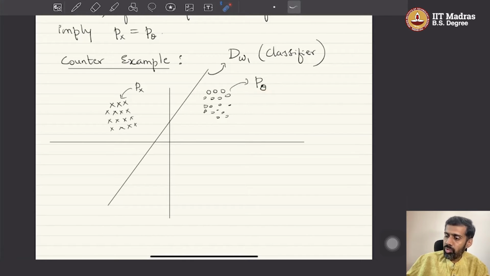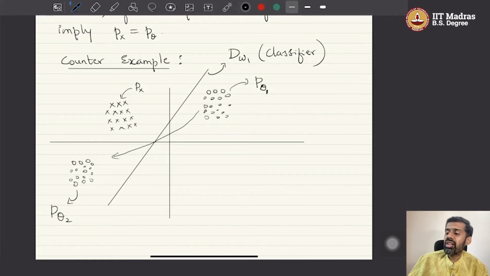Okay. Now let's say that this is being sampled from p_theta. Now when we change our theta such that this classifier fails, all that the optimization should do is move this cluster somewhere here. Okay, let me call this p_theta1 for the first set of parameters, and this shall be p_theta2 after we say that we want our classifier to fail to distinguish between p_x and p_theta1.